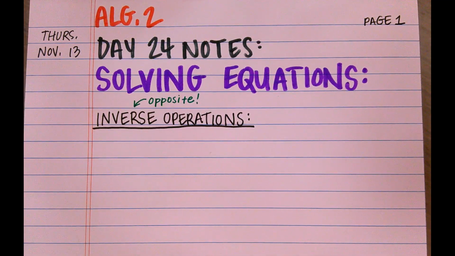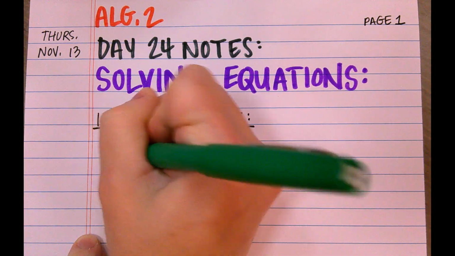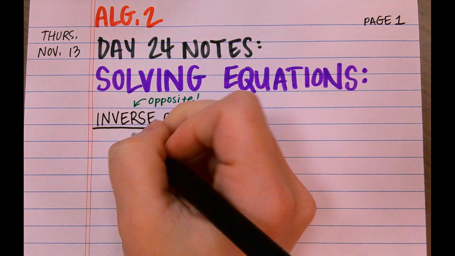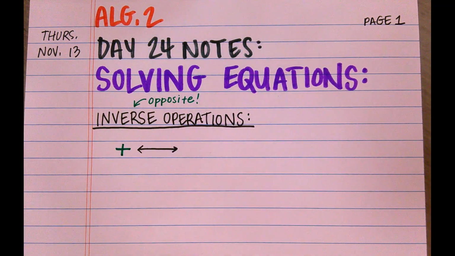So there are a couple of things that we talk about when it comes to inverse operations, or opposite operations. Whenever we see, for example, addition, a plus sign, what's the opposite of addition? Subtraction. Yeah, the operations are just the things we do to the numbers.